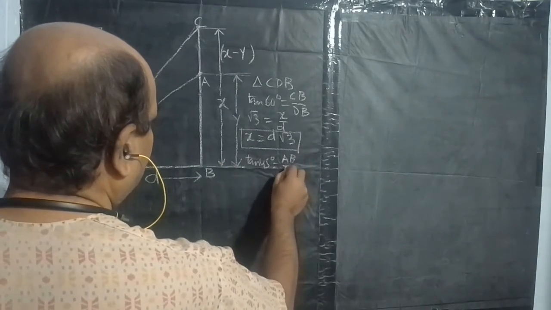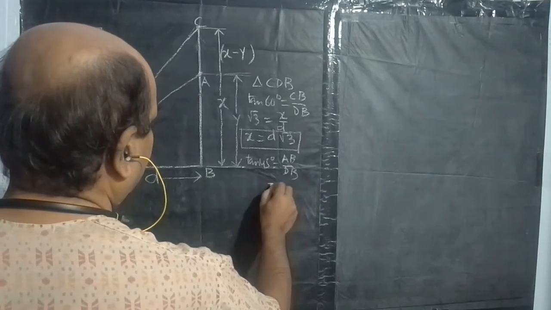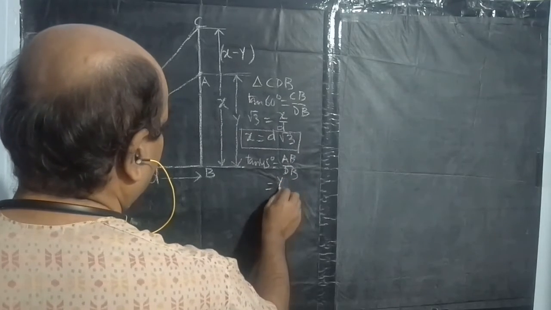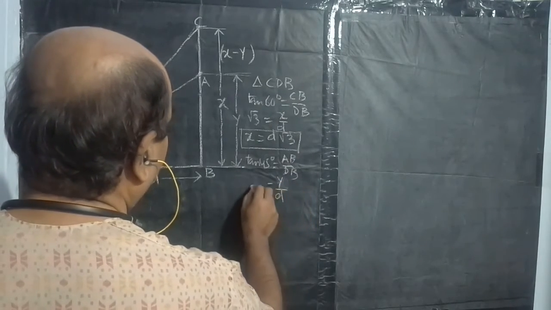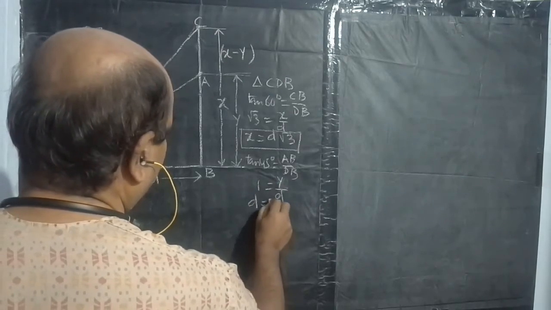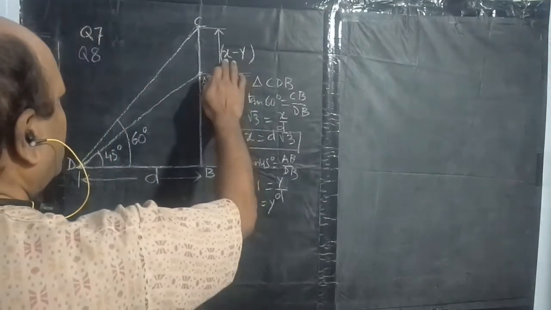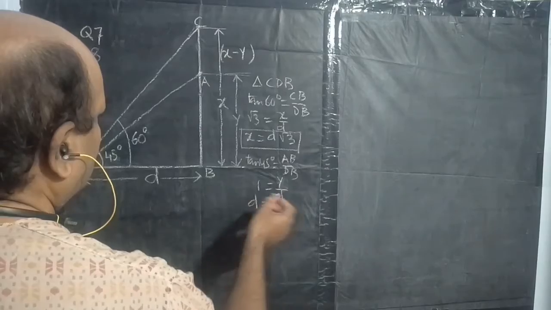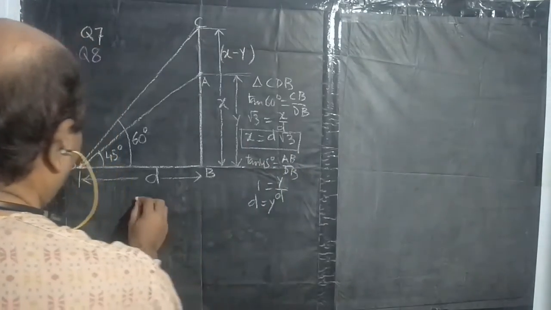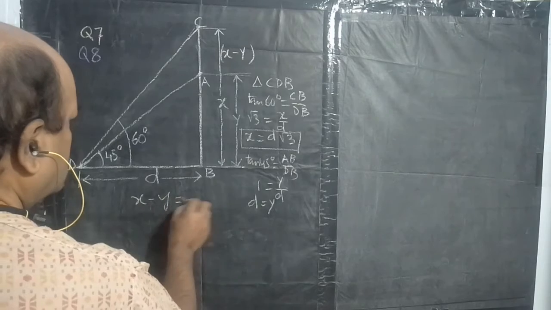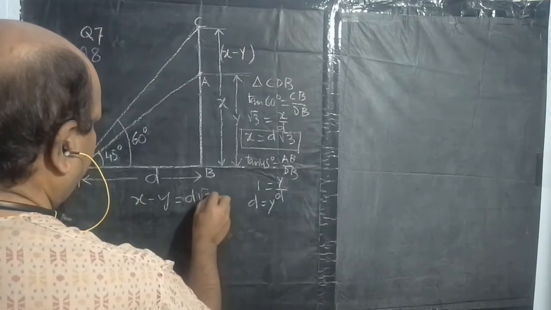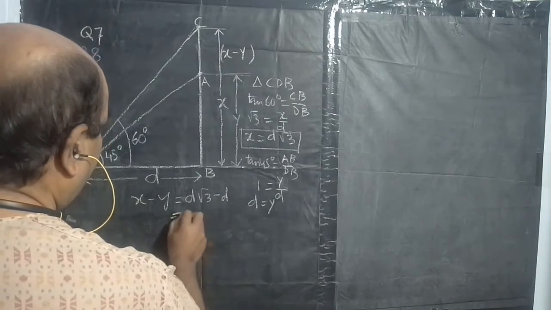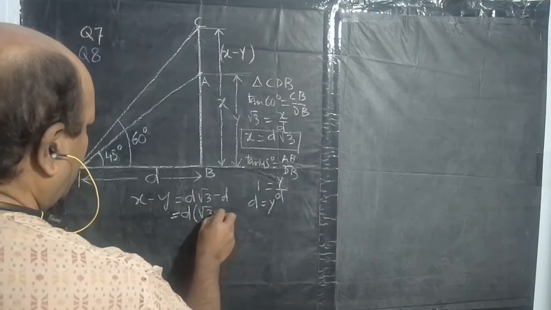AB is Y and DB is D, and tan 45 is 1, so D is equal to Y. Now we have been asked to find the value of X minus Y. So X minus Y is D root 3 minus D, because the Y value is D. If you take D common, then it will be D into root 3 minus 1.